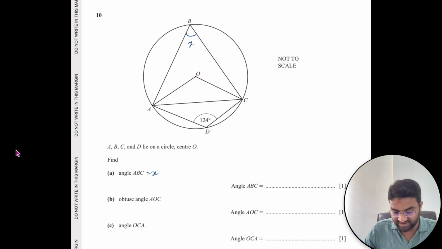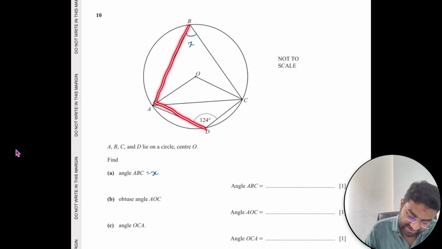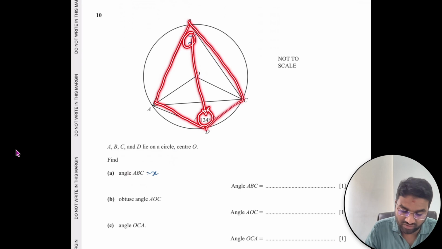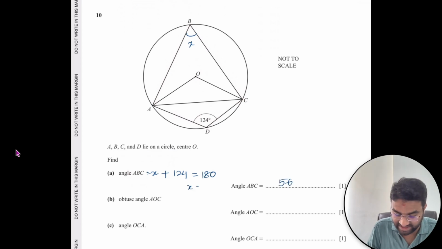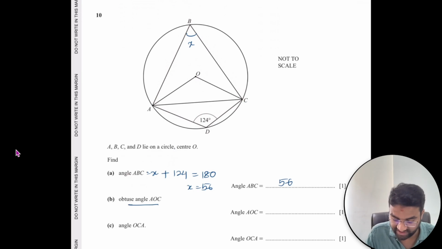Let's say X. To find X, this is a cyclic quadrilateral, isn't it? So opposite angles add to 180, meaning X plus 124 is equal to 180. X is equal to 56. Fine. Obtuse angle AOC we have to find.